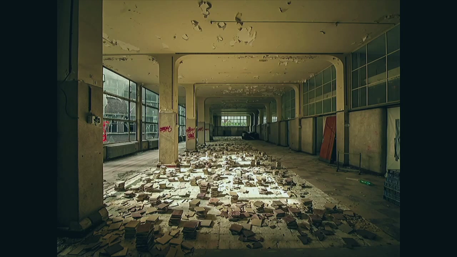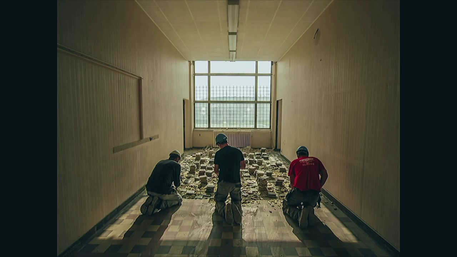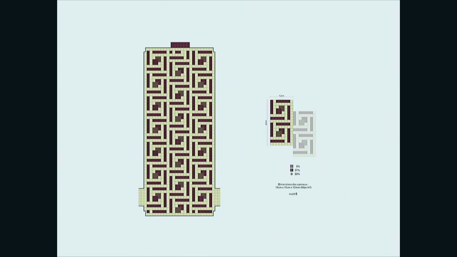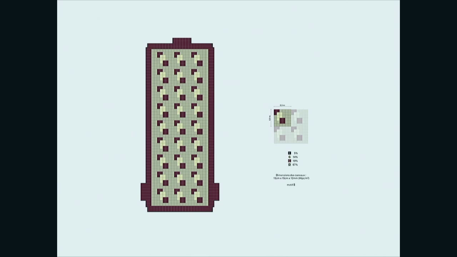We identified the 1930s tiles as interesting, so we dismantled them, but before dismantling them, we made an identification of the different tile types, and we also realized that every room in the building had a different Art Deco tile pattern. So we made a kind of map of every one of these rooms, and then we calculated the proportion of each tile type you needed to make that pattern. We made a booklet out of that, and we distributed that booklet as a PDF.